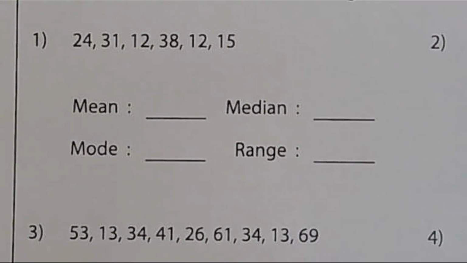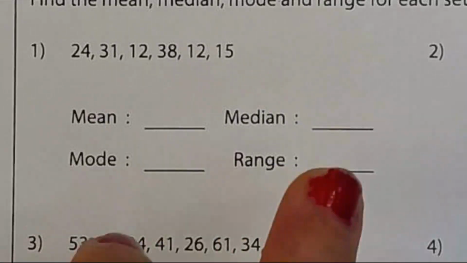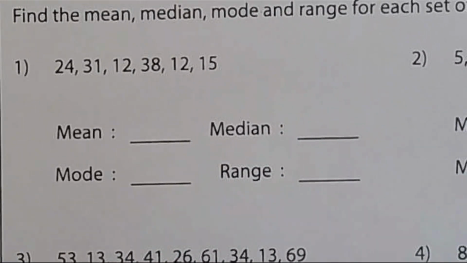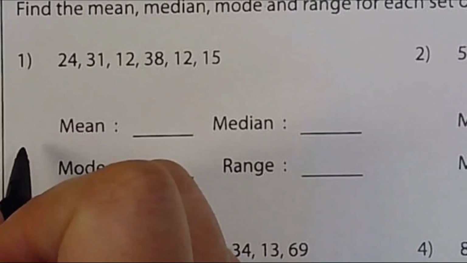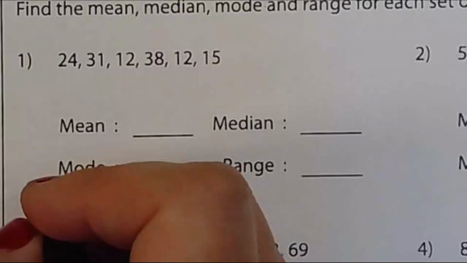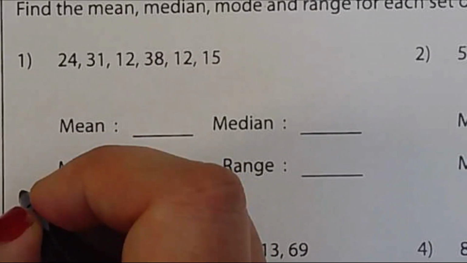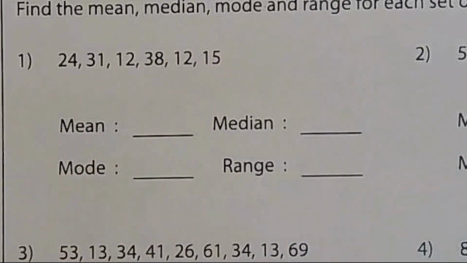All right, so anytime you have a data set, even if it's a type of measure that you don't have to put in order, what are you gonna do? Put it least to greatest. And I'm gonna tell you, you do not have to put it least to greatest, but you're going to every single time, because the one time you forget to do it is when it's gonna ask for median.